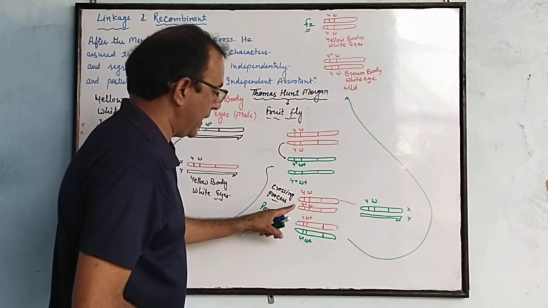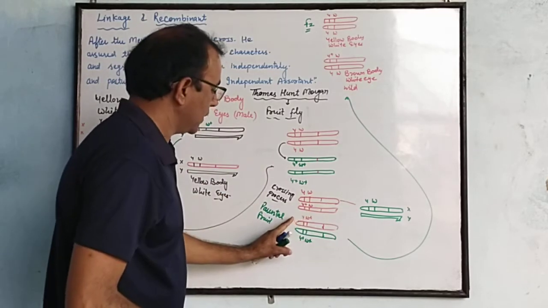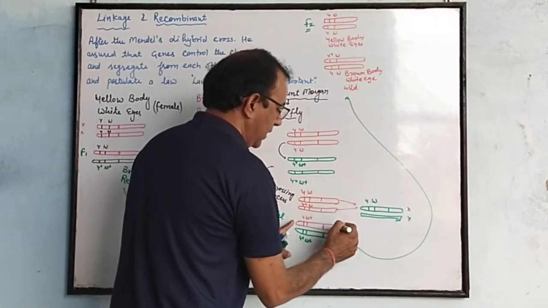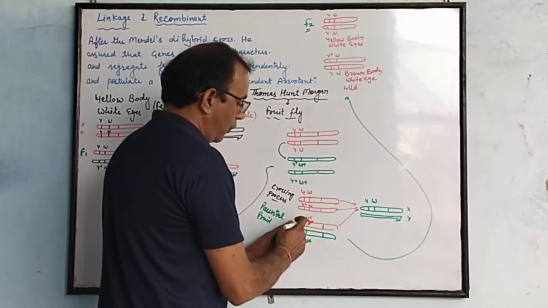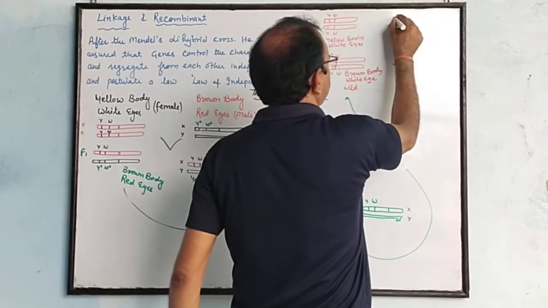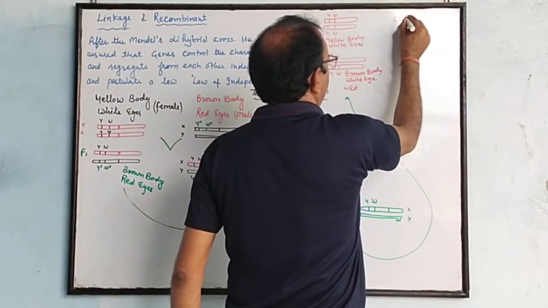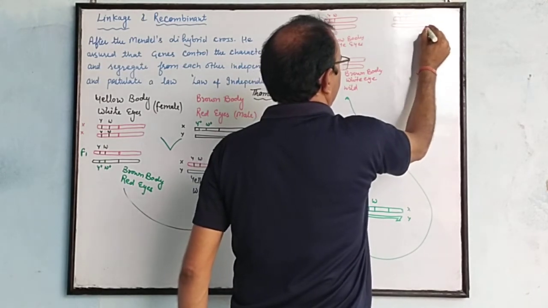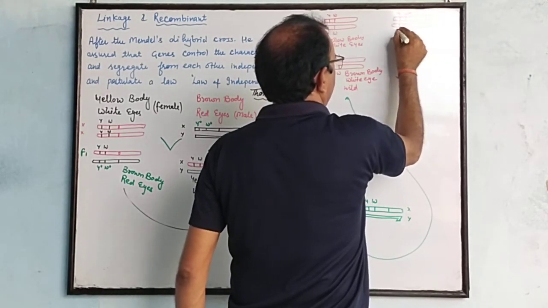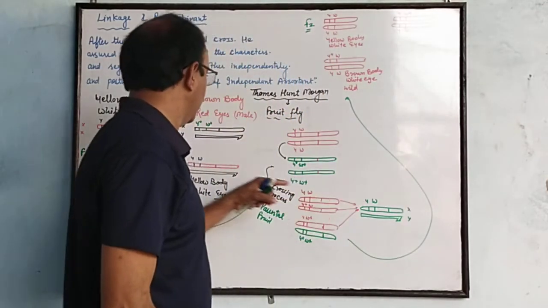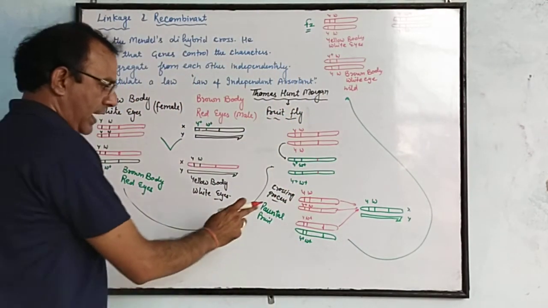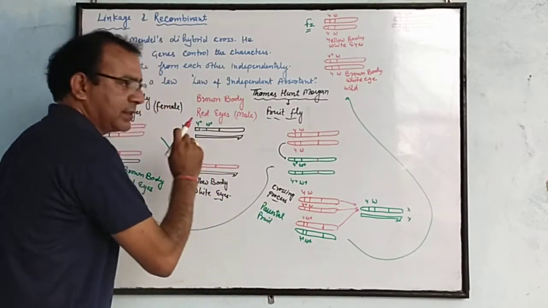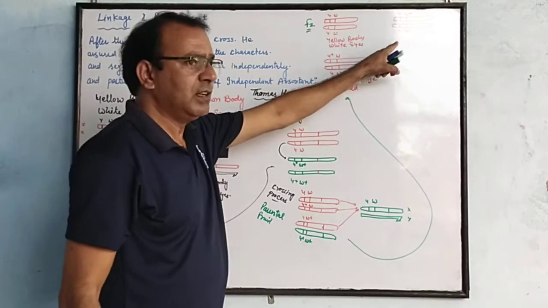Clear? One pair of X crossed with this X1. Again this X with this X1. First we cross this one, then this one, and now this one. YW plus with YW. YW stands for yellow body, white eyes, and the Y is the yellow body, but W plus stands for the red eyes.